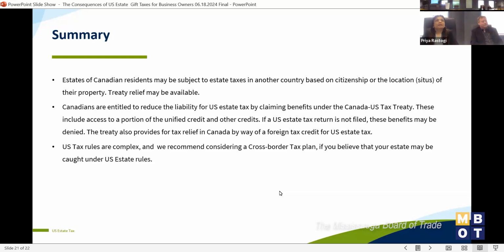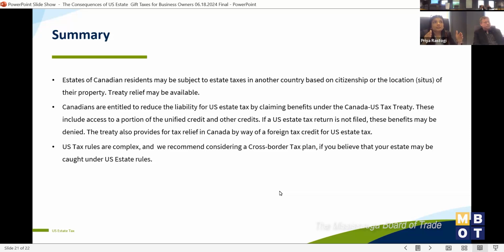Sure. To summarize our overall presentation, I would say that Canadian residents are subject to US tax in another country based on the location of their property or based on citizenship. A very simple example is US citizens living in Canada. So treaty reliefs are available, but we need to keep that in mind.